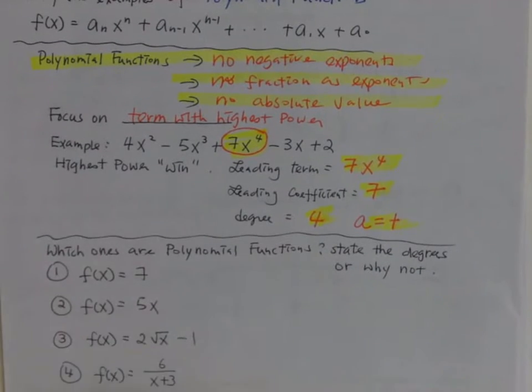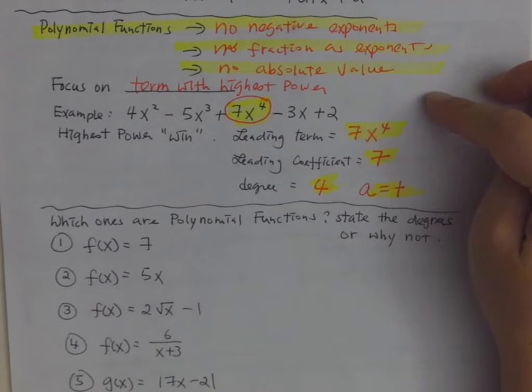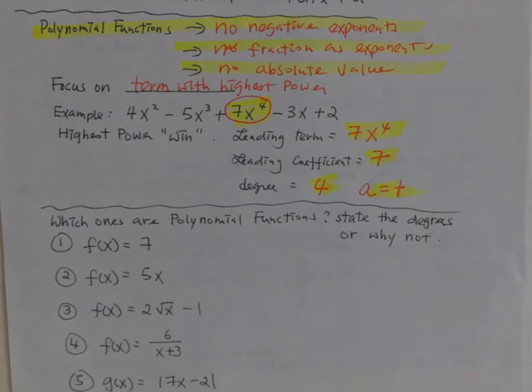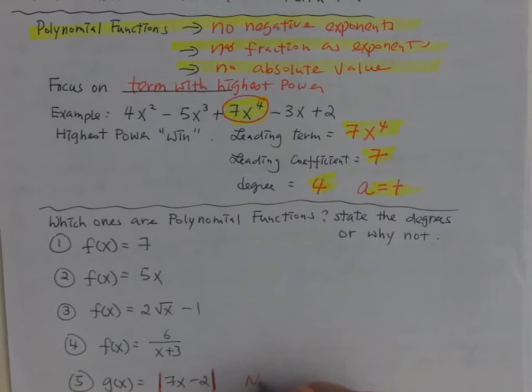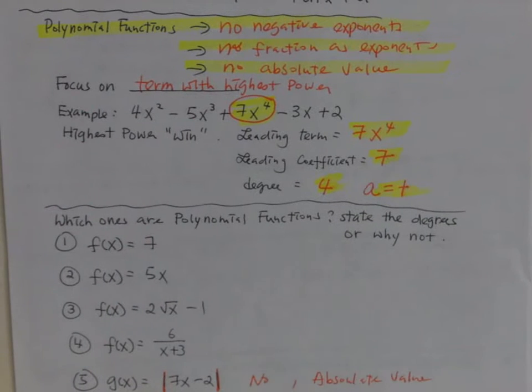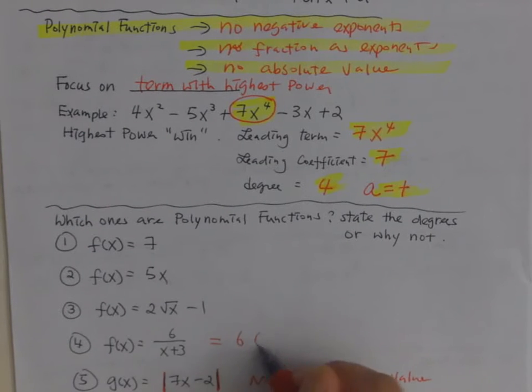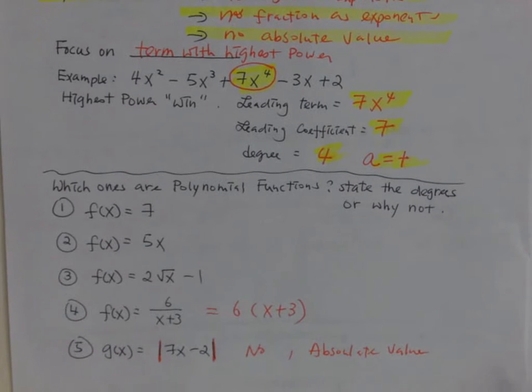If we look here, we need to decide whether these are polynomial functions or not, focusing on the three restrictions. This one has an absolute value, so it is not a polynomial function. For number 4, I can rewrite this as 6 times (x plus 3). If it's in the denominator, it could turn into what kind of exponent?